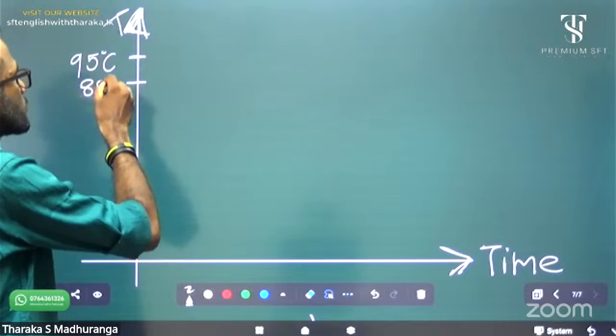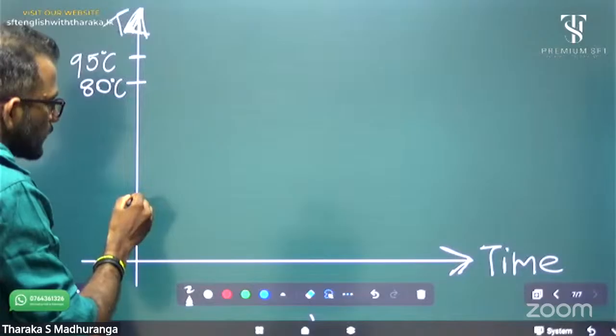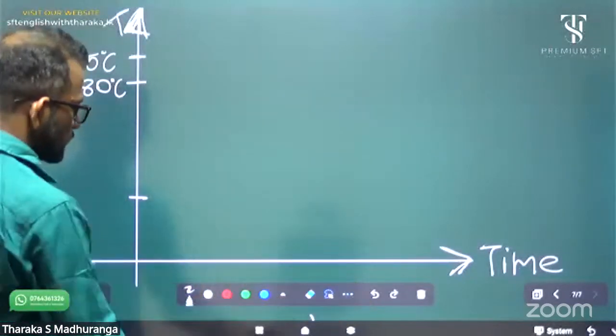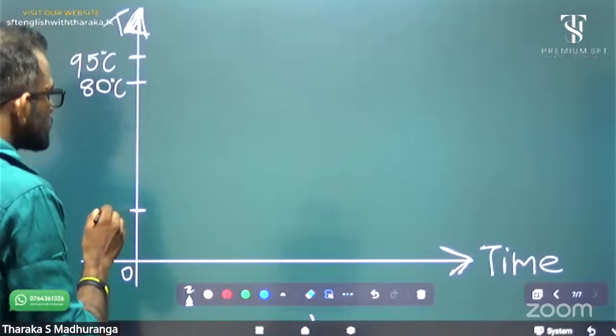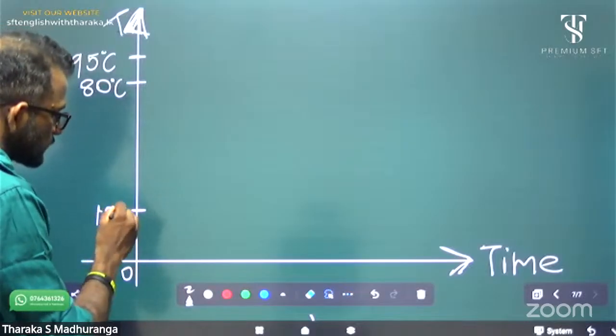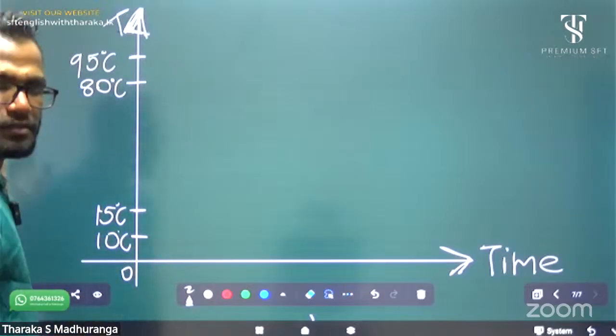This is 80 Celsius. And this is 0. And this is the melting point, it is 15 Celsius. And this is 10 Celsius. Okay, that's the journey.